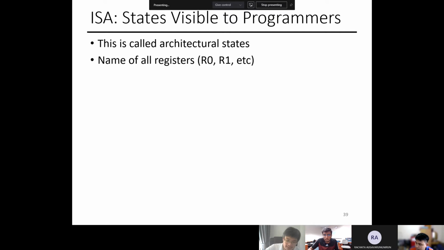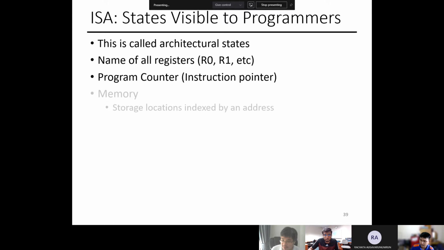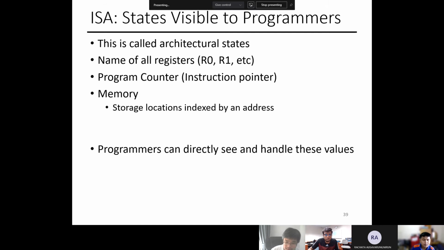For example, the ISA covers things like the names of the registers, the program counter, and the memory, so the values inside them are reachable. The programmer can read them and can modify them. These are visible to the programmer.